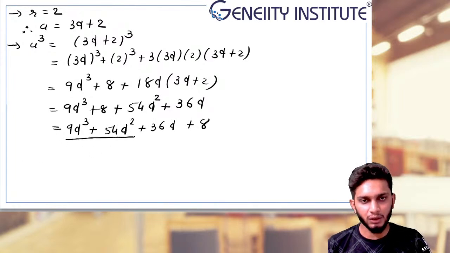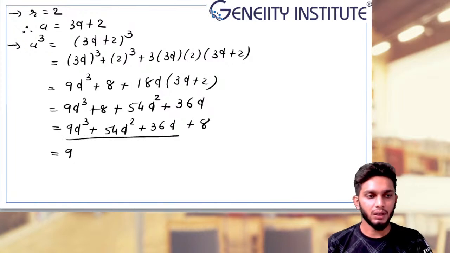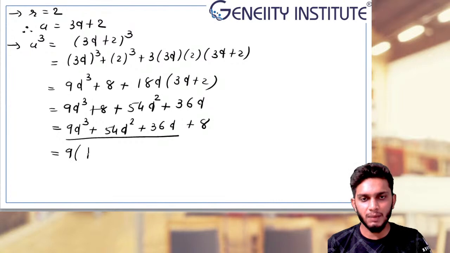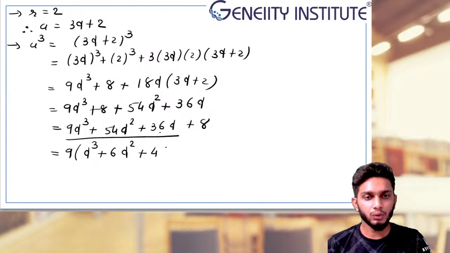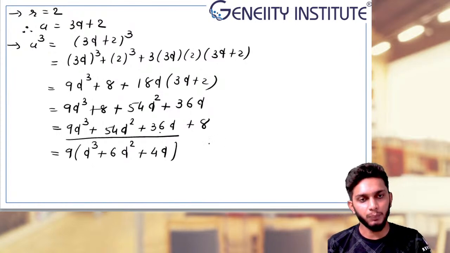So from these three terms we can take 9 as a common. So here what is left: q cube, here 6q square, and here 4q, and plus 8.